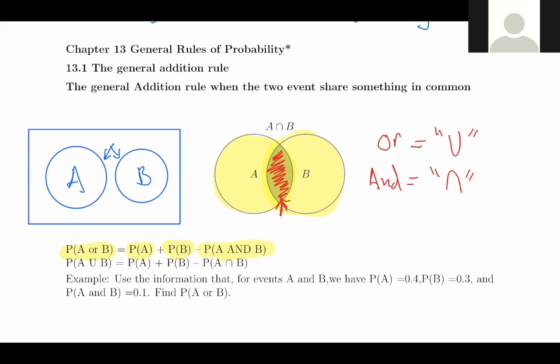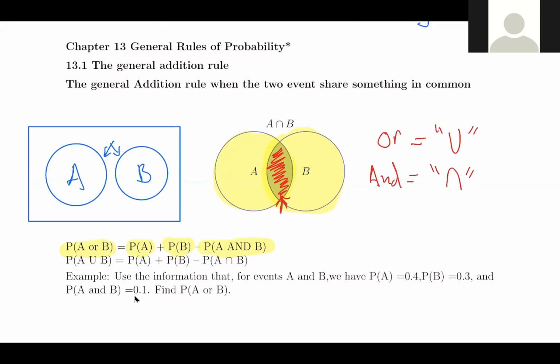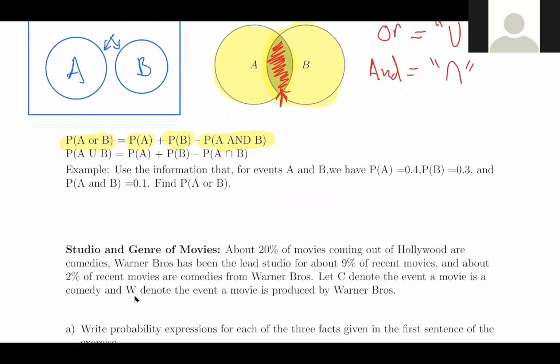All right. So let's go on and do this very first problem. For the very first problem, it says use the information for events A and B. We have probability of A equal to 0.4, probability of B equal to 0.3, and probability of A and B equal to 0.1.